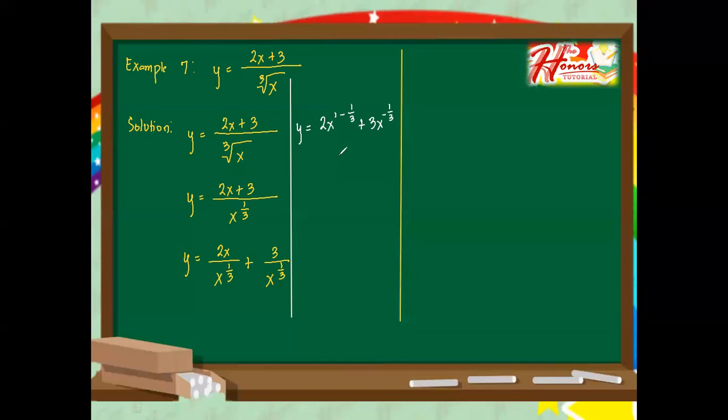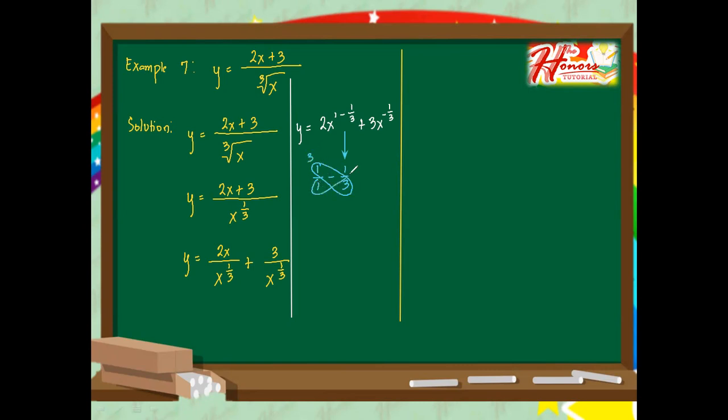Next, let's solve for 1 minus 1/3 using the butterfly method. Let me just have this space and show you how to do it. Your 1, which is a whole number, should be changed into a fraction. Then it will become 1 over 1 minus 1/3. Then you just need to multiply 1 and 3, and that is 3.